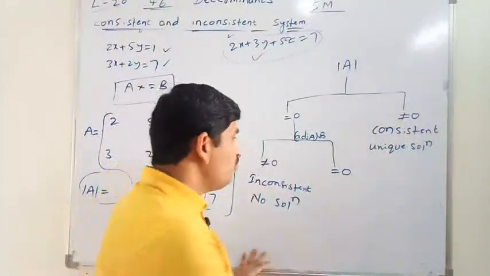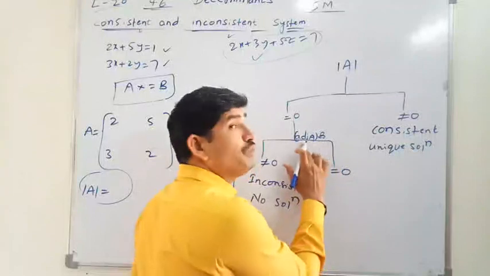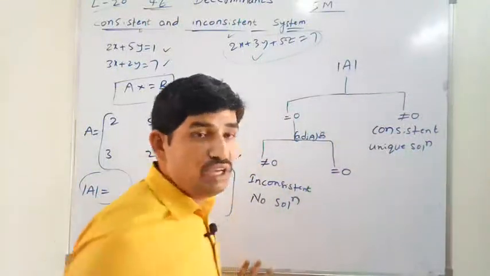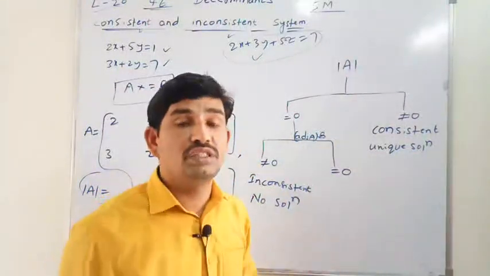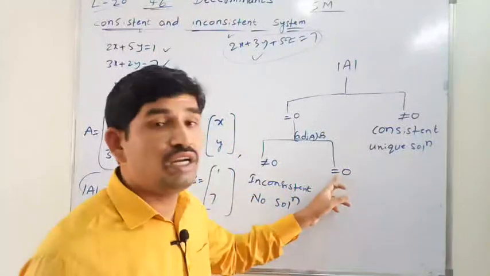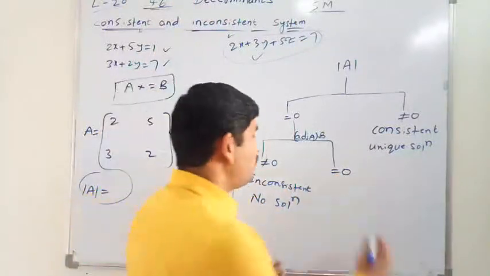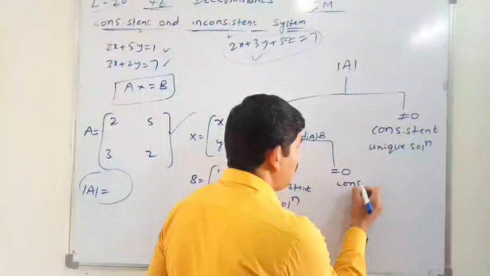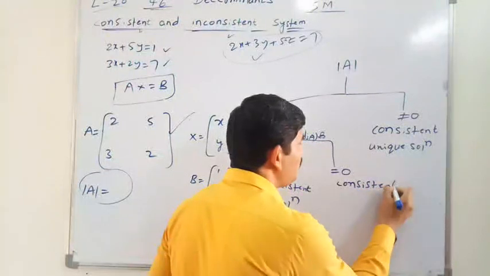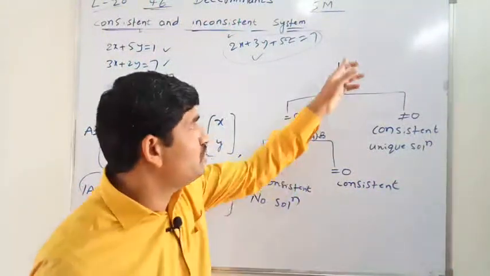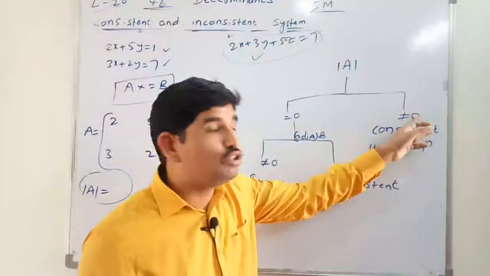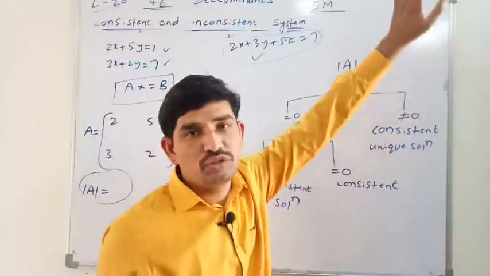After that, there is one more case. Suppose the product adjoint A into B of these two matrices we got is a 0 matrix. Immediately we have to write it is consistent. Consistent we get in two cases. Suppose the determinant of A directly is not equal to 0, then it is consistent with a unique solution.